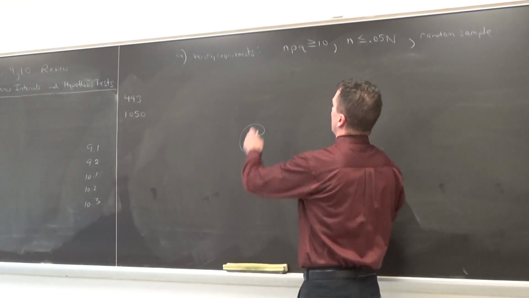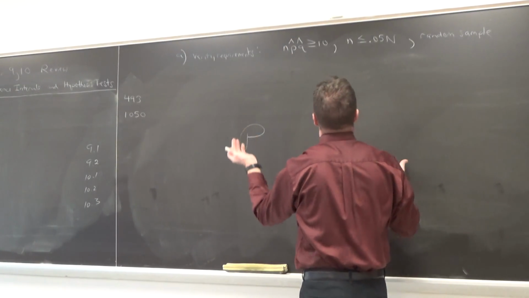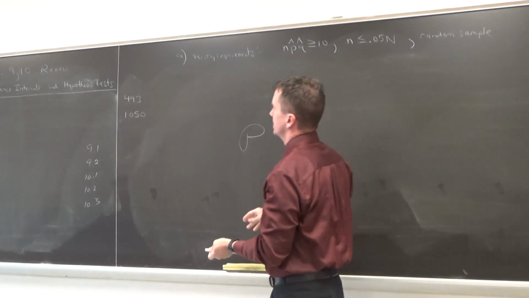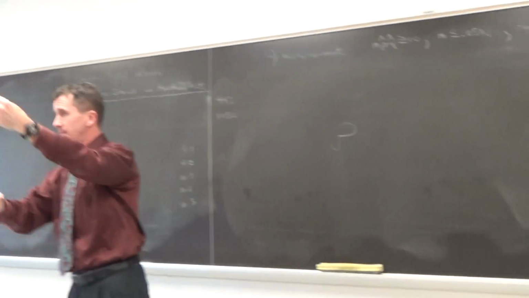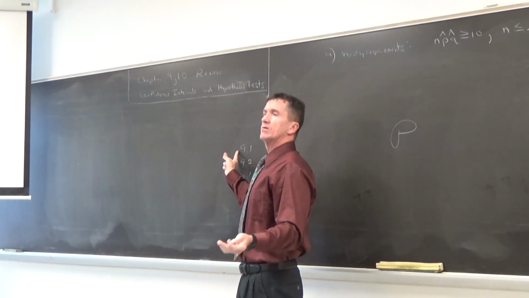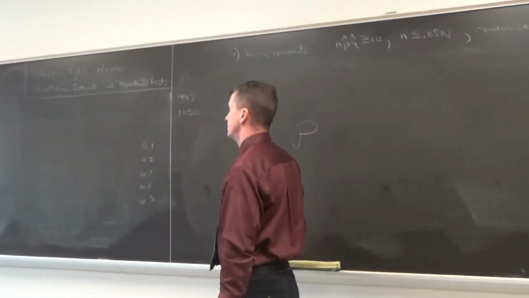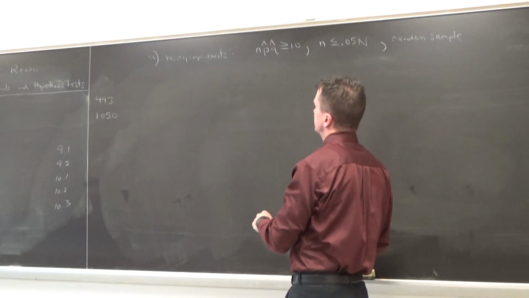In place of this, we're going to have to use the hat. You go, why? Because what we're about to conduct is a confidence interval about the population proportion, from section 9.1. We don't know p. We're trying to estimate it, to predict it and give an estimate of what it is. So we use the hat in its place.